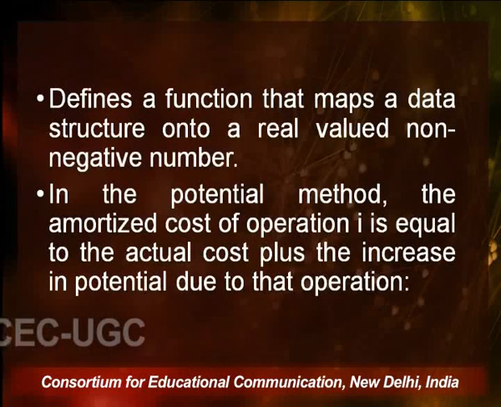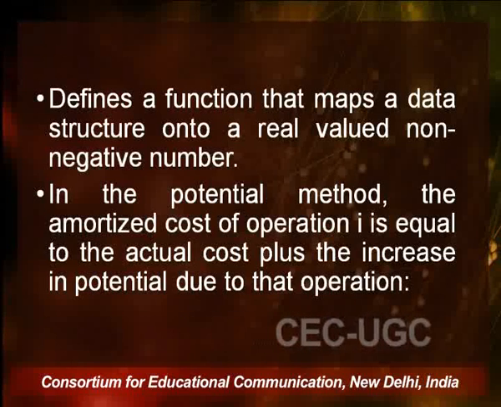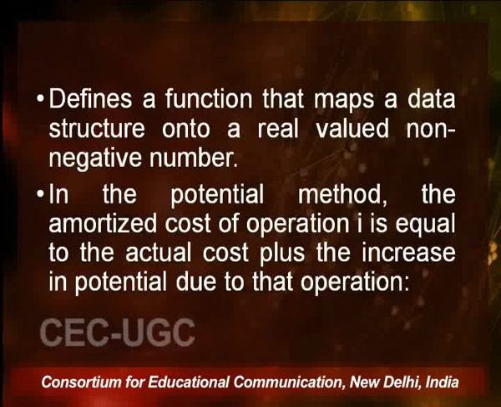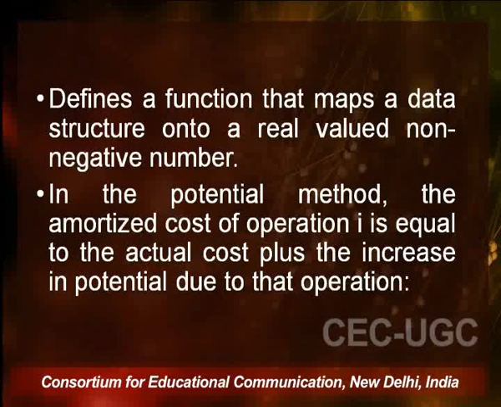In the potential method, we define a function, more commonly known as the potential function and represented by the letter phi. This potential function maps a data structure onto a real value, which has to be a non-negative number.